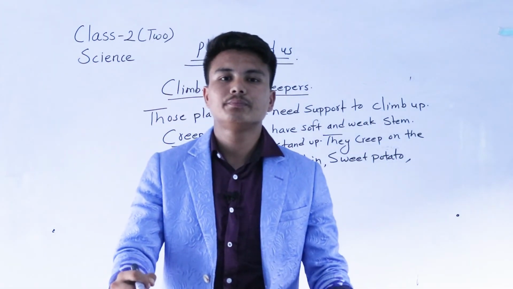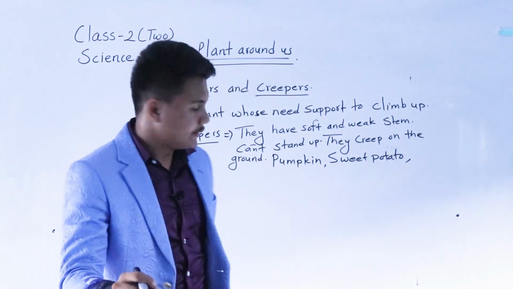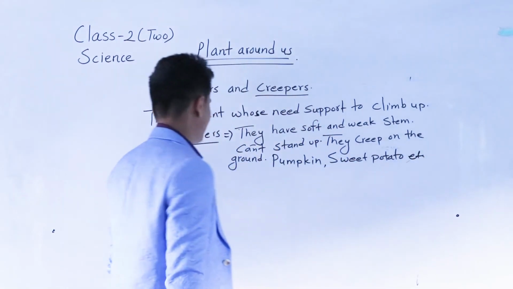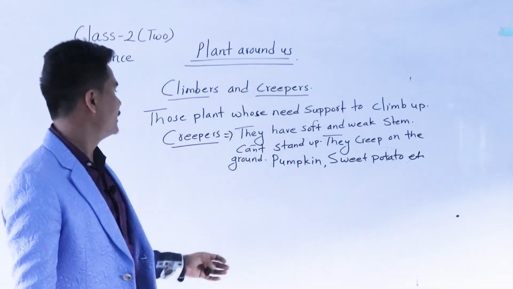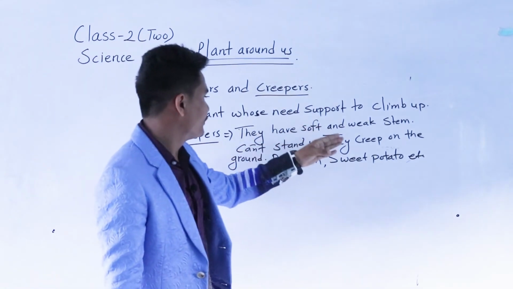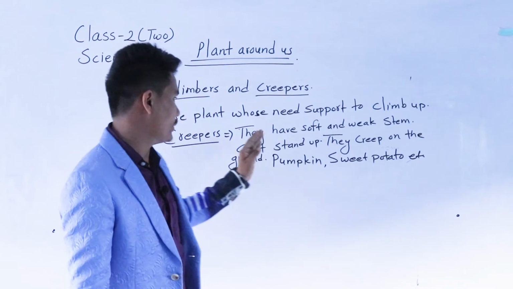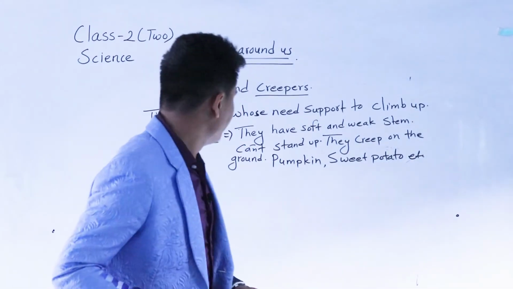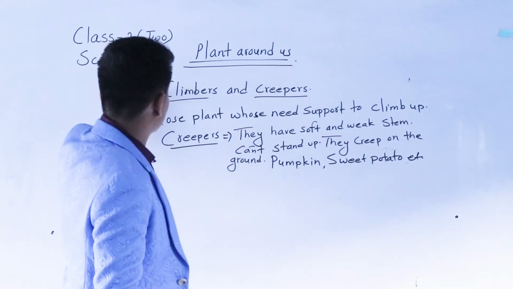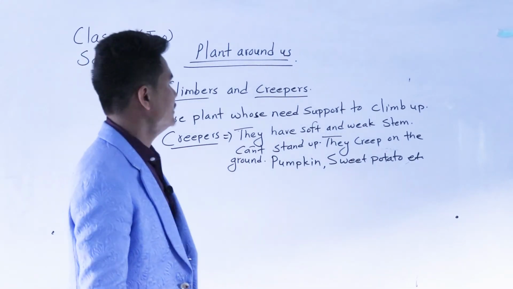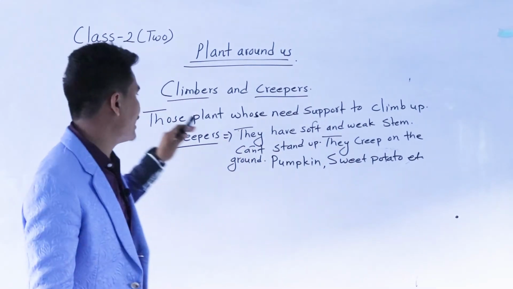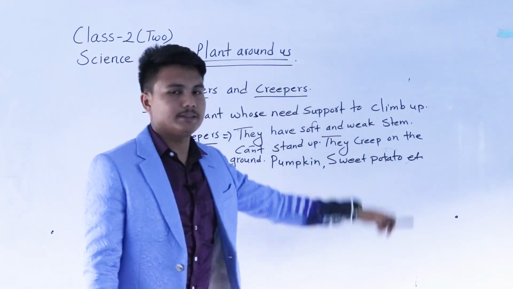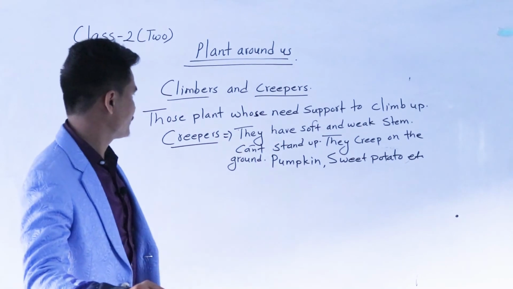Do you know? These are some examples of creepers. They need what? Support to stand. That's why they are categorized into creepers. So, climbers and creepers are plants which have a weak and soft stem, which needs support.